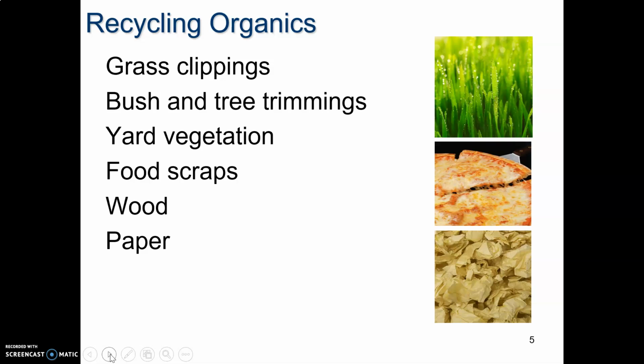Yard vegetation, same with the grass clippings. Food scraps, again, you can compost those, as long as... I think you can't put meat products into compost, but I'm not positive about that. Wood, again, can be chipped up and used.